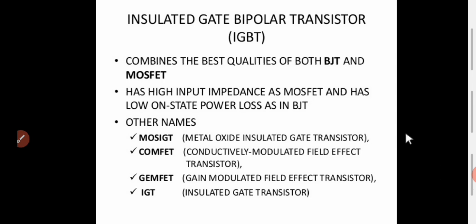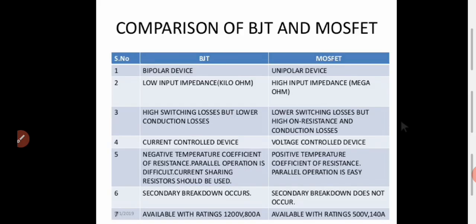Now IGBT, insulated gate bipolar transistor. As I explained before, the BJT has high switching loss and low conduction loss, while the MOSFET has low switching loss and high conduction loss.